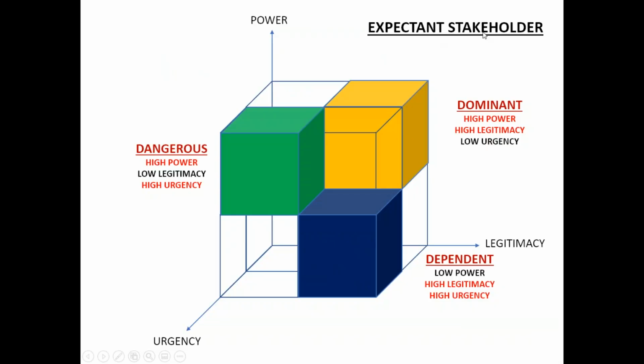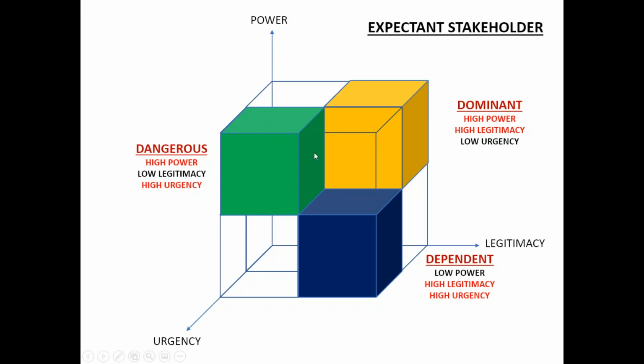Let us see the expectant stakeholders who are high on two sides. For example, this green one is high on power and high on urgency, but low on legitimacy. So this is a dangerous one. I would have shown this in red because it's dangerous. Then you can look at this yellow one. This is high power, high legitimacy, right? I could have shown these as separate diagrams, but I have put it all together into one diagram.